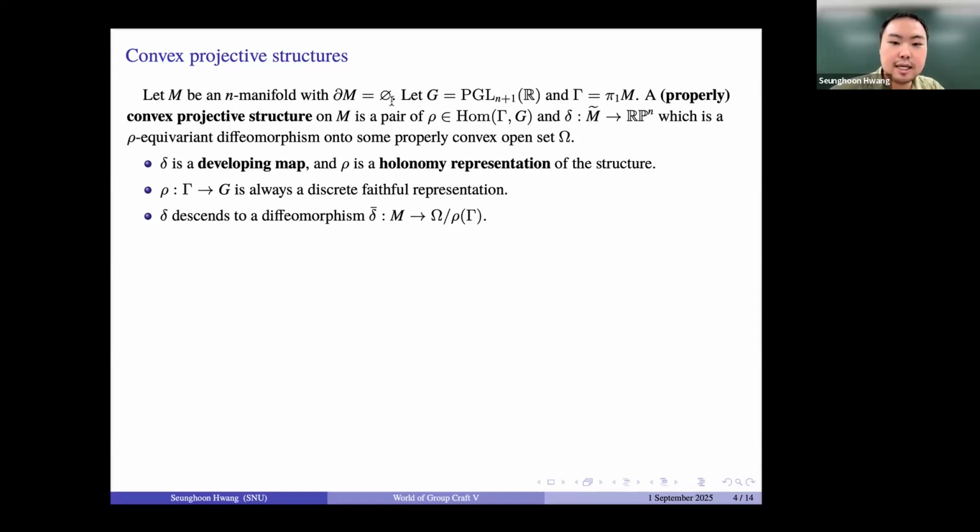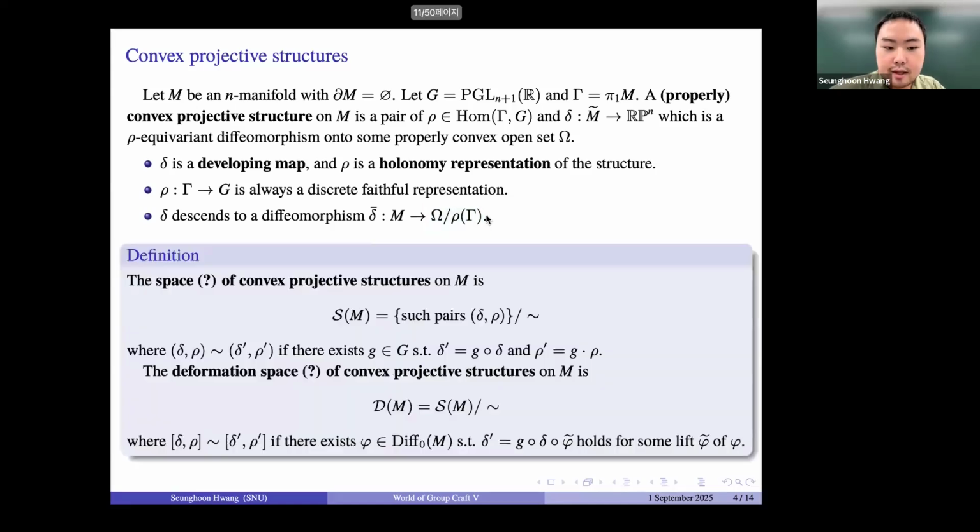So this also implies that we have a discrete faithful representation rho, and delta also descends to a diffeomorphism, which we will denote by delta bar, between the original manifold M and a convex projective manifold of this form.